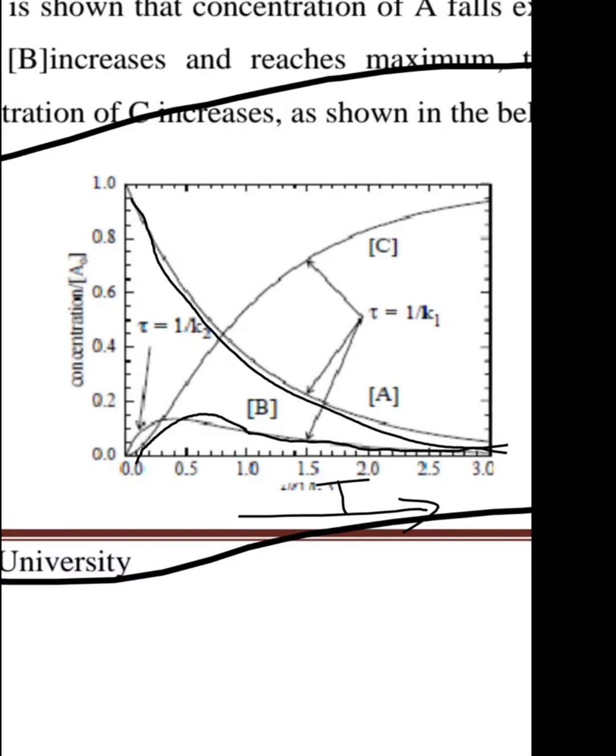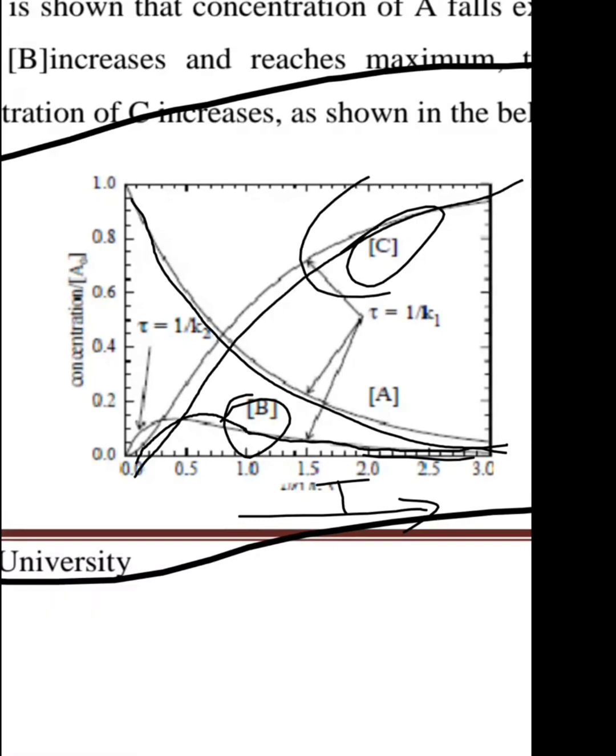Because B is converted into C. So as time proceeds, the concentration of C increases and the product is formed. So the concentration of C increases with time. This is where we have merged all the reactions, A to B and B to C. This is the plot we have got.